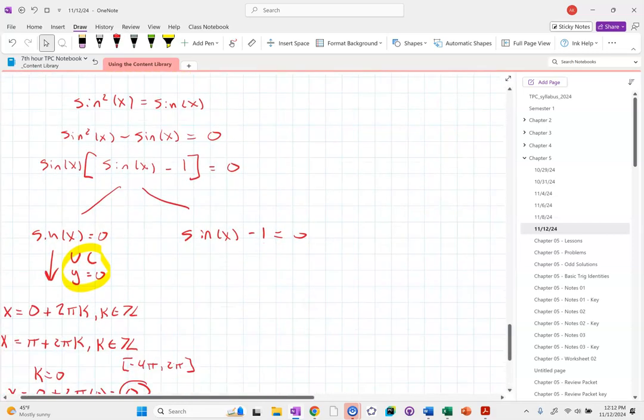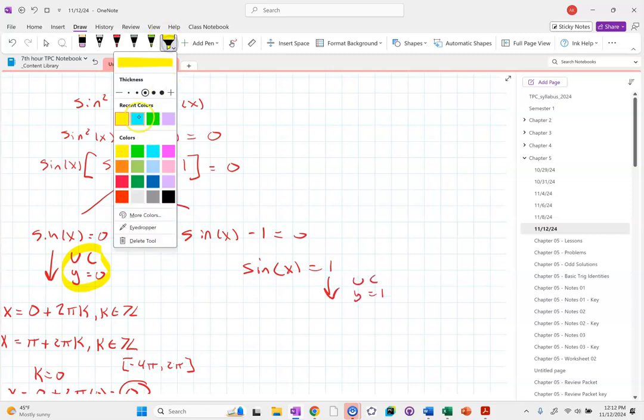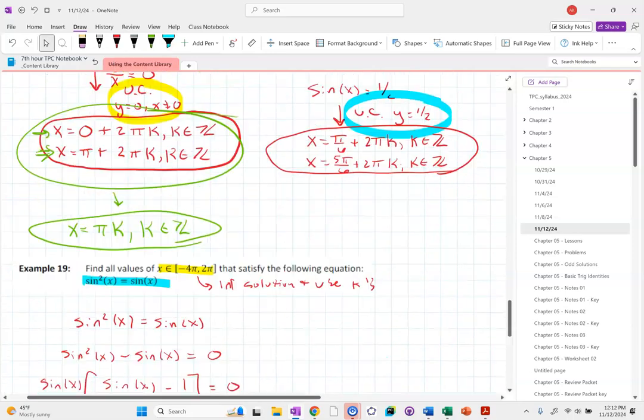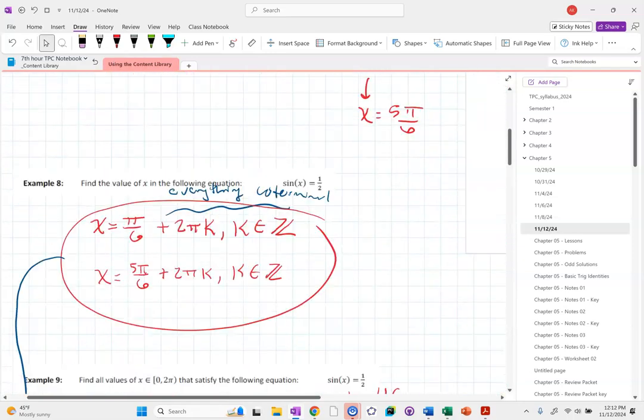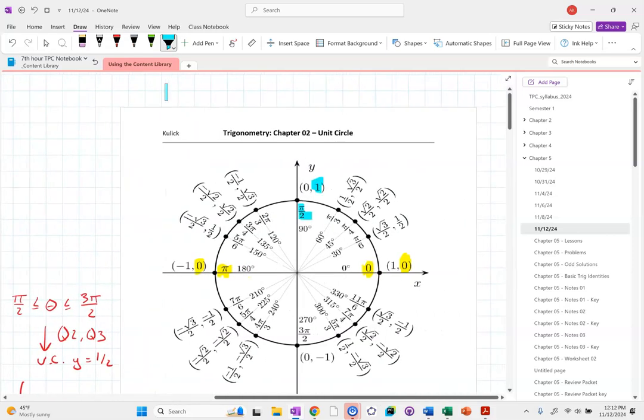All right, so if I go to the other one, sine x minus 1 equals 0, we'll just add 1 to both sides. And then we'll go to the unit circle where y equals 1. All right, let's go look there. So I have here at pi over 2, that's the only spot.